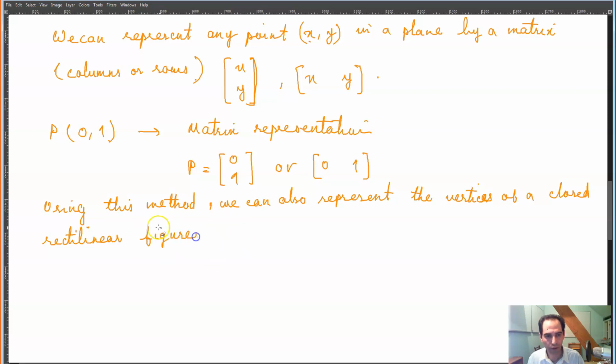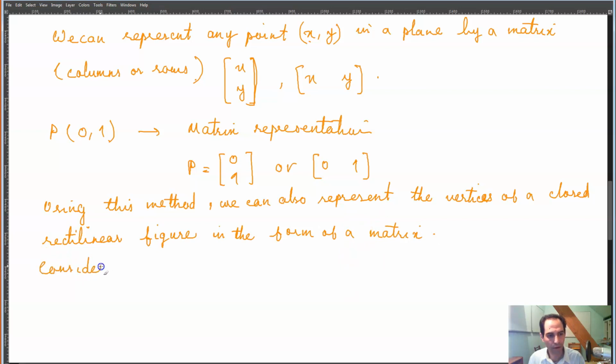Closed rectilinear figure means, for example, something like a parallelogram or a rectangle or a square or a trapezoid or things like that, in the form of a matrix. So using this method, we can also represent the vertices of a closed rectilinear figure in the form of a matrix, right?